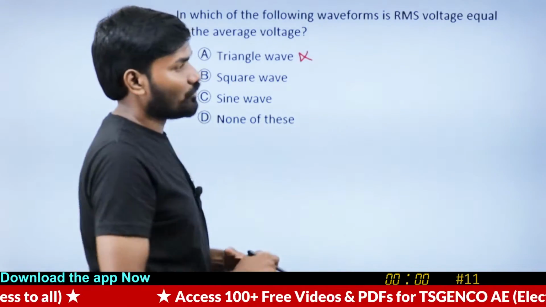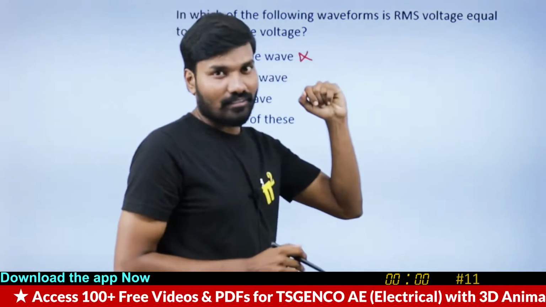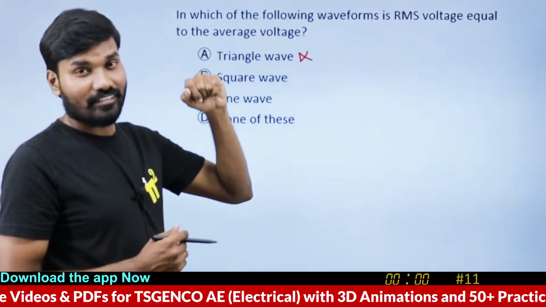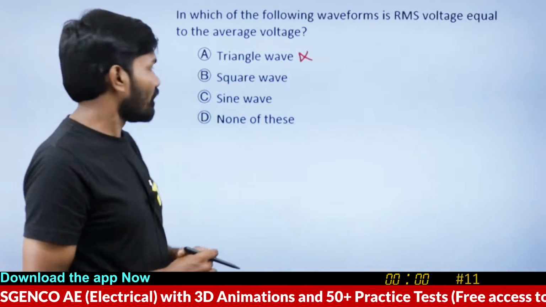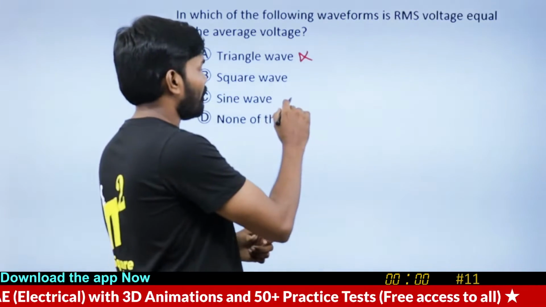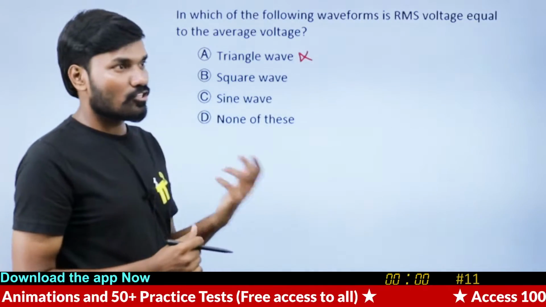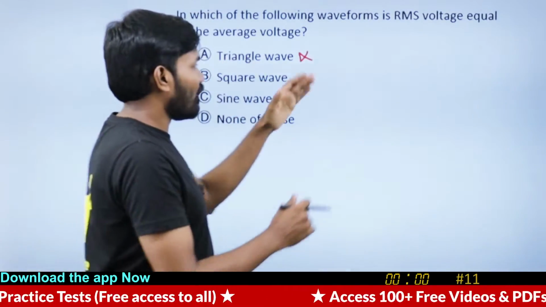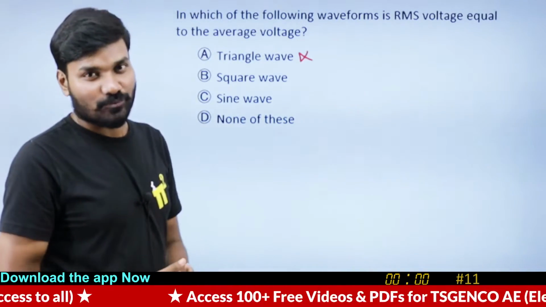Average value and RMS value are not the same, because what's the average value of a triangle? Yeah, half. RMS value is by root 3. For a square wave, actually average value is 0, right? Even for a bidirectional triangle, the average value is again 0.